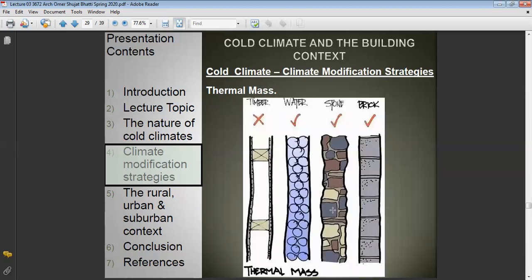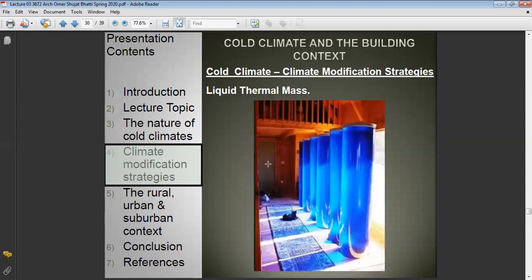When we explore thermal mass with respect to retaining heat, brick is a good option, stone is a good option, water can be used as a good option, but timber or other materials which do not have higher density are not good for this purpose.